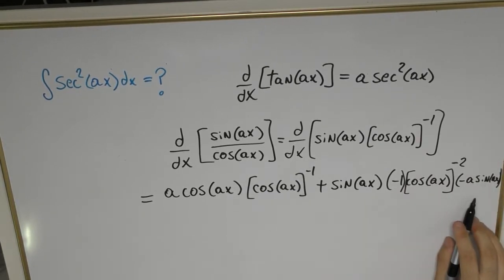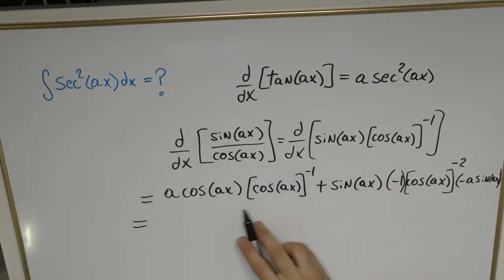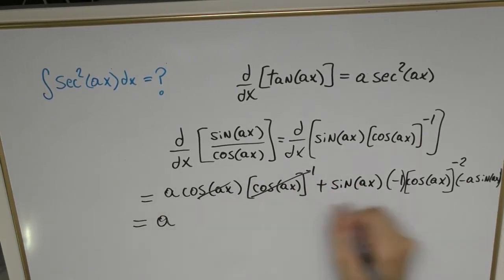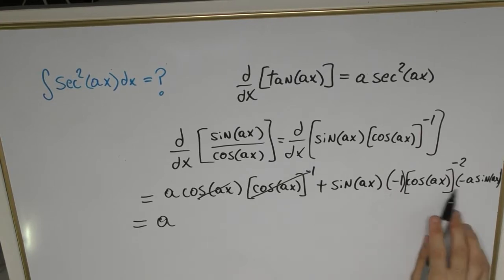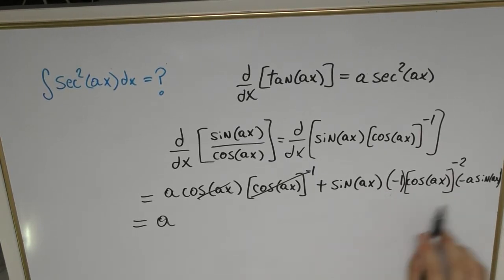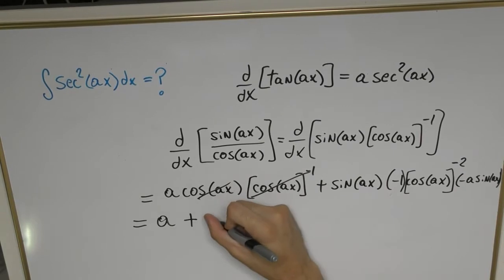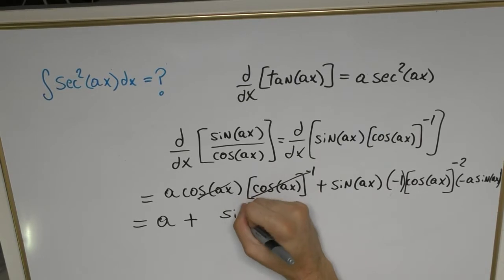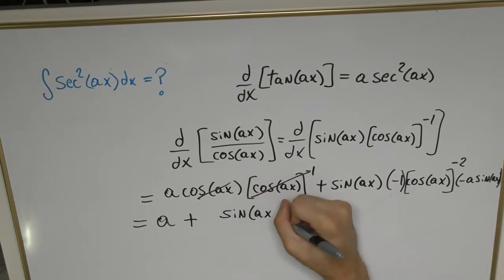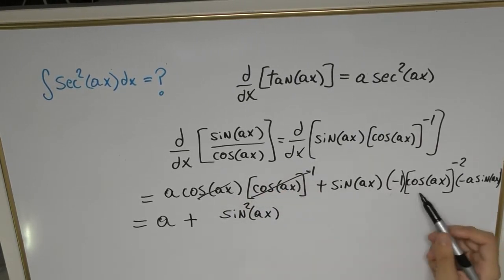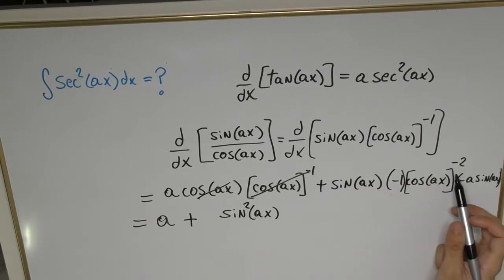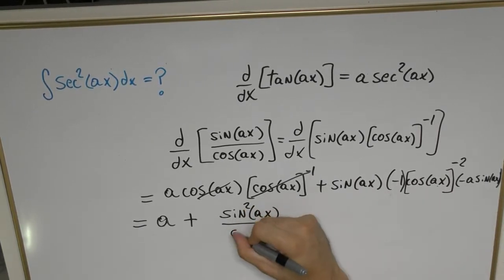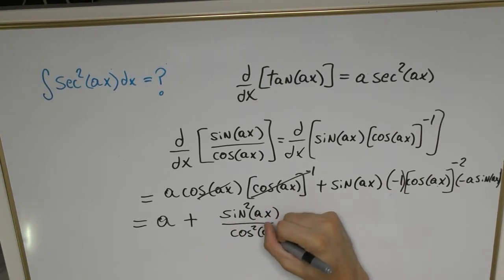Okay, so now that we have that, the next step is going to be to simplify this expression. So first, we notice the first term should cancel out on both, so that's going to give us a. Then for this term, we notice we have a minus sign that repeats itself, so that's going to become a positive quantity. And the sine of ax is going to be squared. So we have sine of ax squared. And now we have cosine of ax to the power of -2, so we're going to bring that down as cosine squared ax.